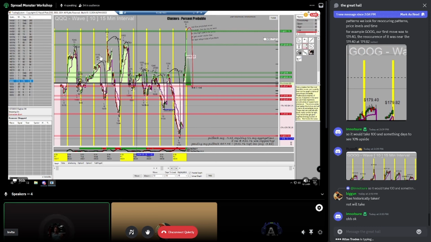It shows that we should have a pullback of minus 3.82 points, which you can see on the bottom right. It should take around 11 aggregation, meaning 11 15-minute candles to do that.